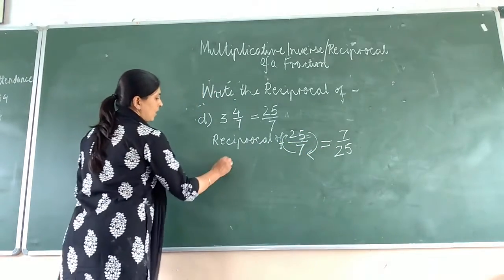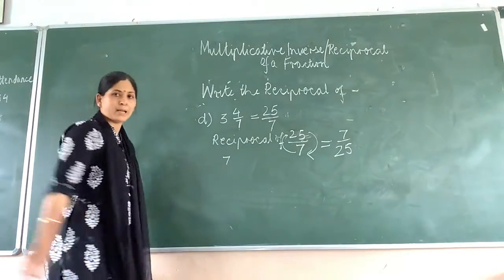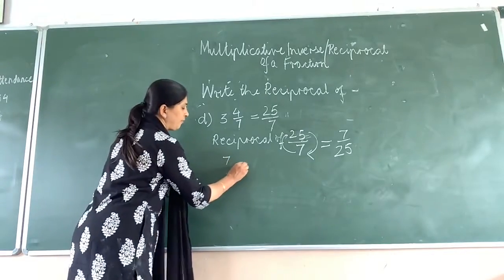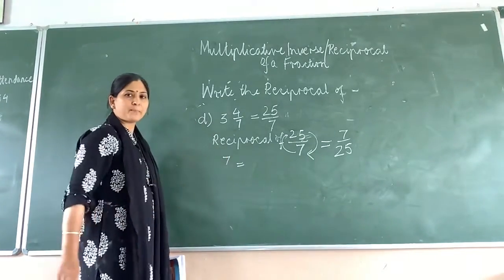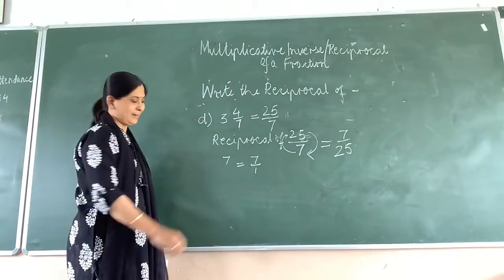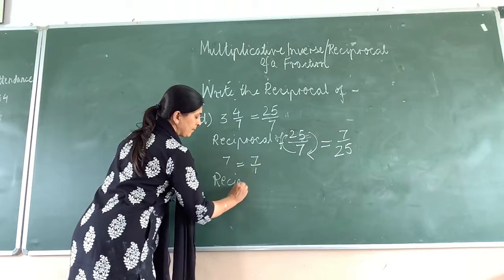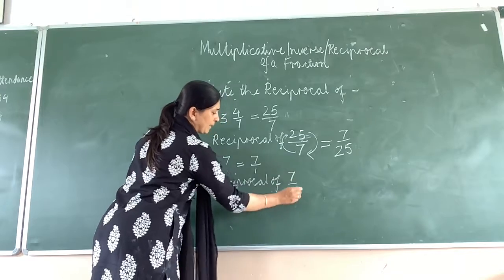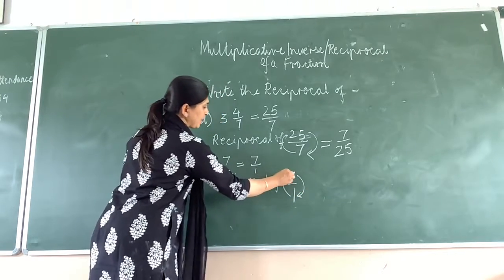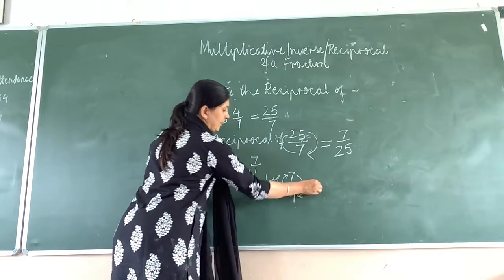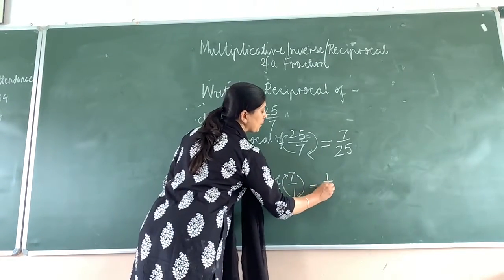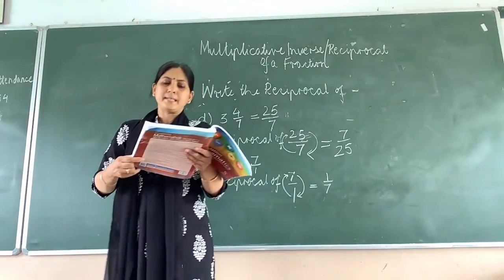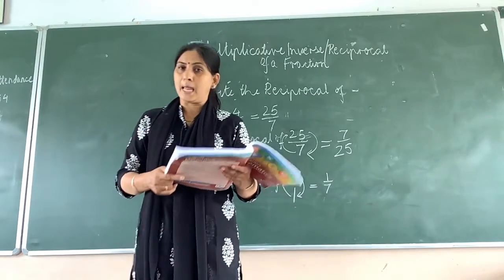Let's quickly take a whole number, 7. Let's write the reciprocal of 7. If you have a whole number, you will write it in fractional form. What is the fractional form of whole number 7? Its reciprocal would be 1 over 7.